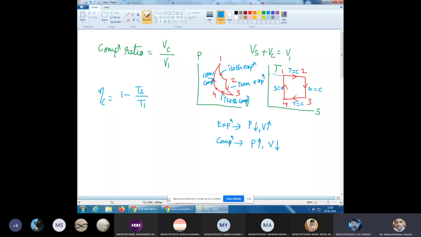That is after isothermal expansion. Is it 1 minus T2 by T1 or T1 by T2? Is this correct, 1 minus T2 by T1, the efficiency of the Carnot cycle?